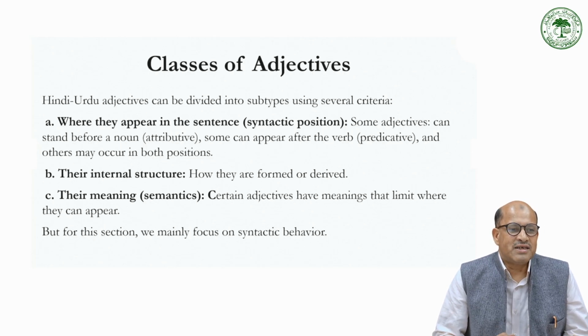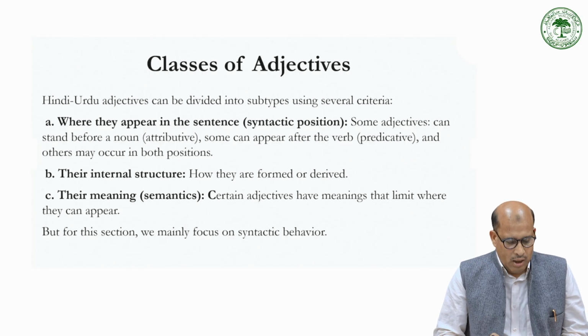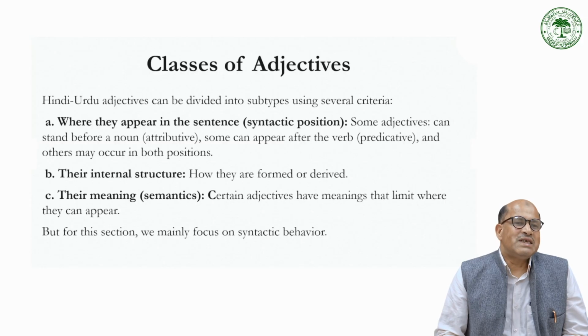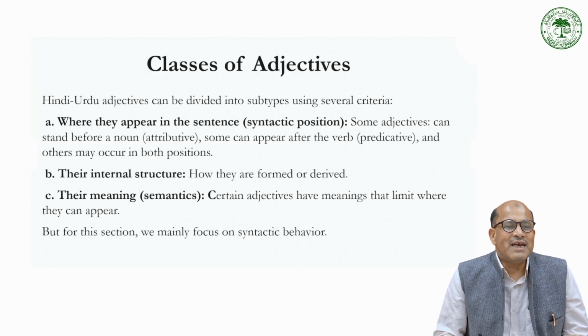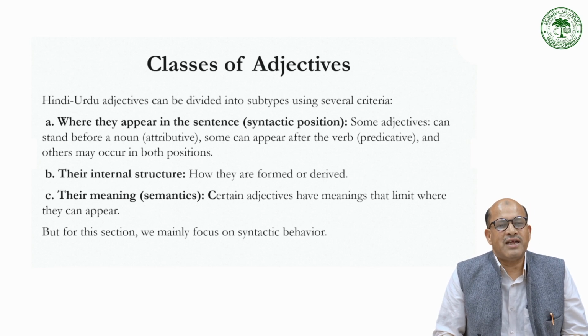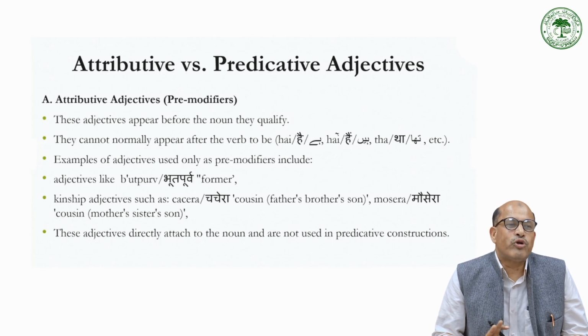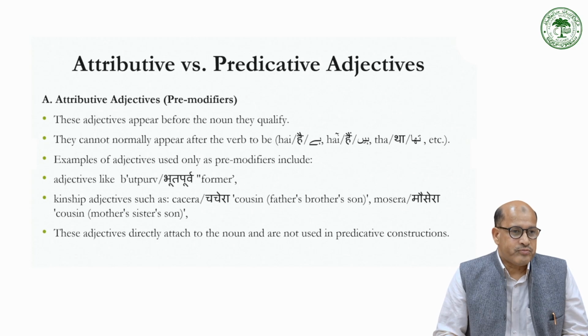Another is their meaning, since certain adjectives have meanings that limit where they can appear. But for this section, we mainly focus on syntactic behavior, because for the basic notion of the adjective, we have already gone through the chart, and that chart is sufficient. But since adjectives have several uses, we are going to look at all of those.